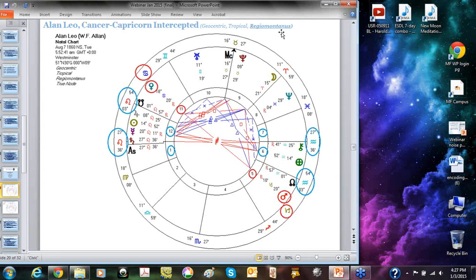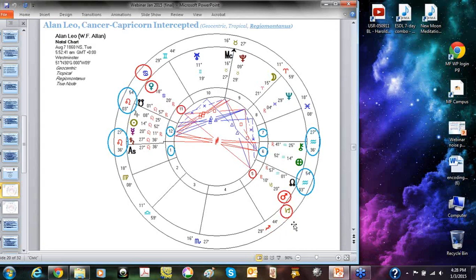So here we see that Cancer is not on this cusp, nor is it on this cusp. It's intercepted. You've got it circled here in red, and therefore its opposite is also intercepted, and that is Capricorn. So we have Cancer and Capricorn that are intercepted.